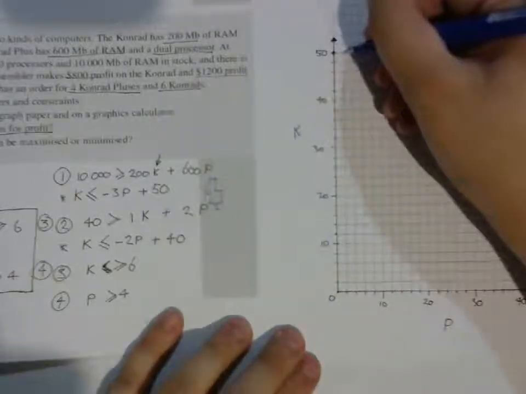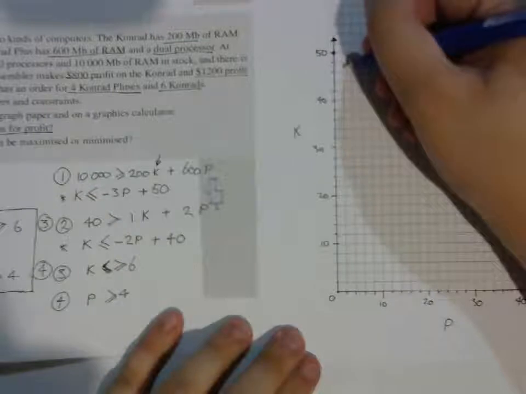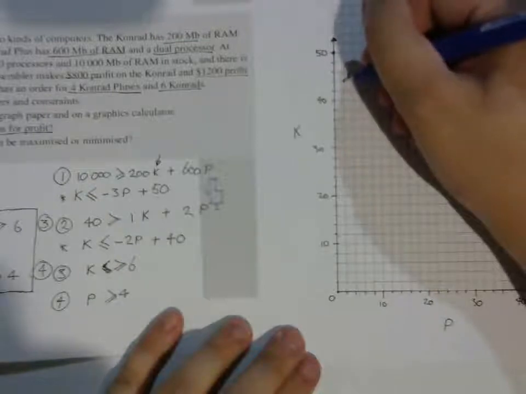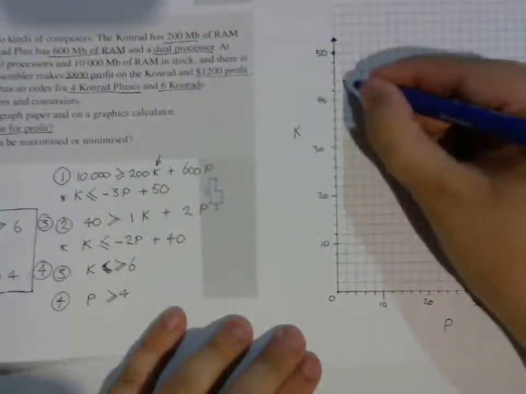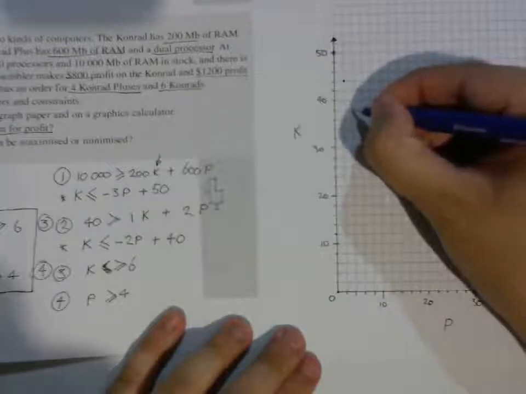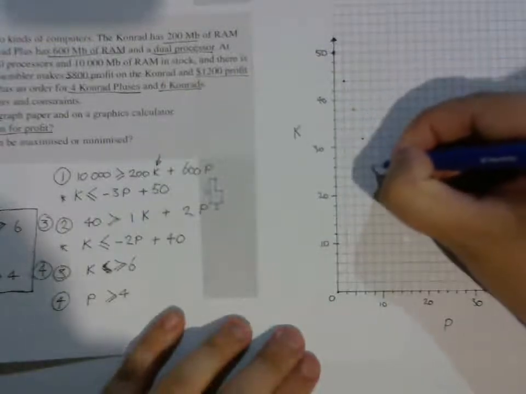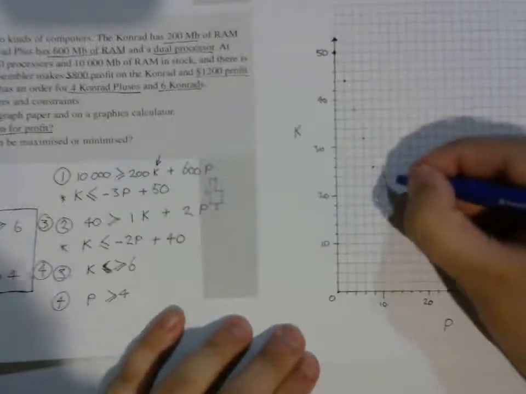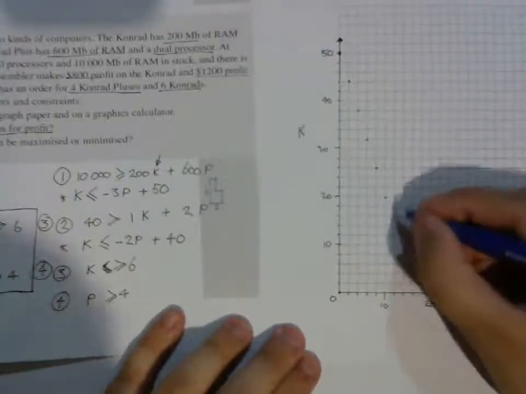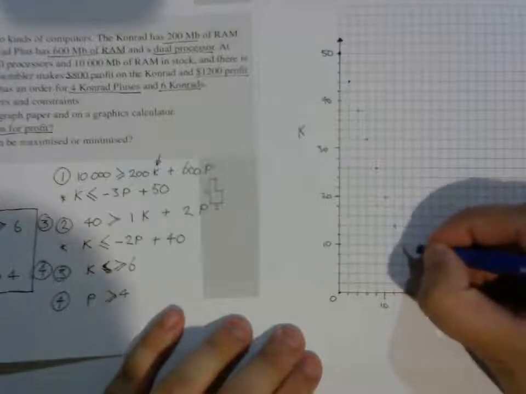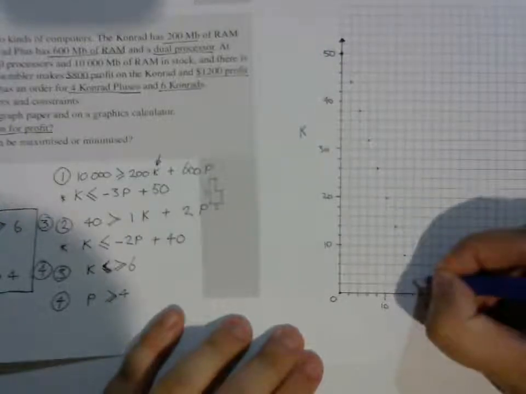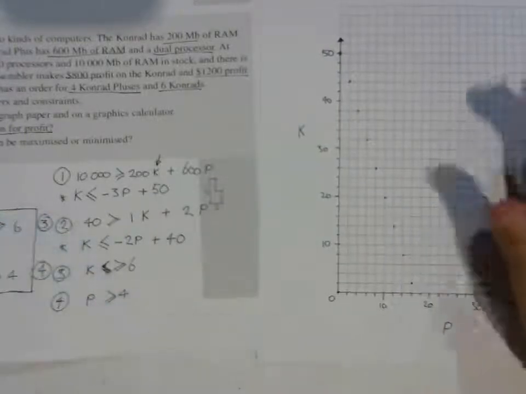So 2 across, 6 down, repeated, and you can really stop whenever you have enough points.